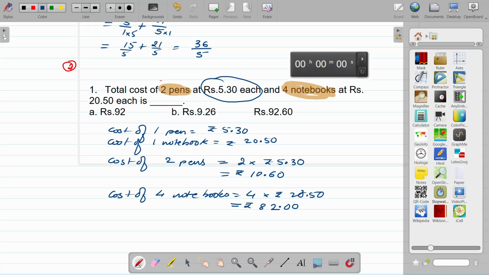What are they asking? They are asking the total. If total means addition, so total cost is equal to rupees 10.60 plus 82.00. Once you add, you get 92 rupees 60 paise. Choose the correct option. So the answer is 92.60.